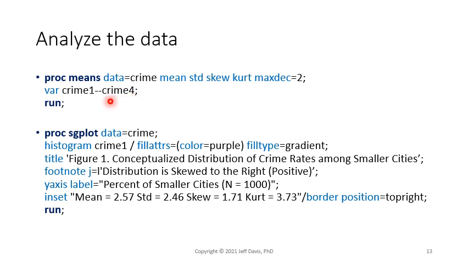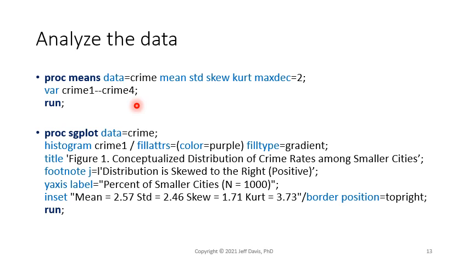Now, in the data, the variables have to follow one after another. But in that series, you put the first variable name, dash, and then the last variable name, and SAS will know that you're referring to all the variables in that series.